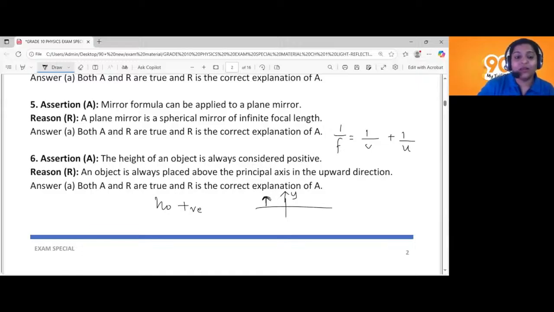And what is the reason given? An object is always placed above the principal axis in an upward direction. Here is the principal axis, and the object is placed above it, in an upright or erect position. So here also, the assertion and reason are true and the reason is the correct explanation of A.